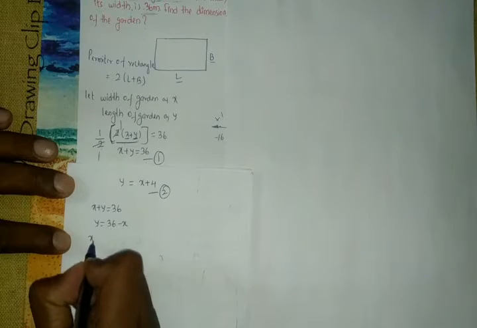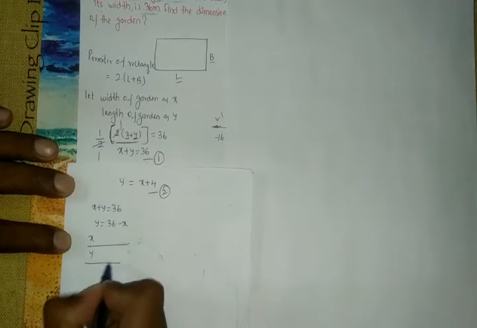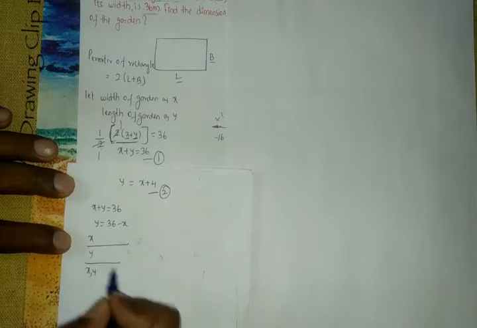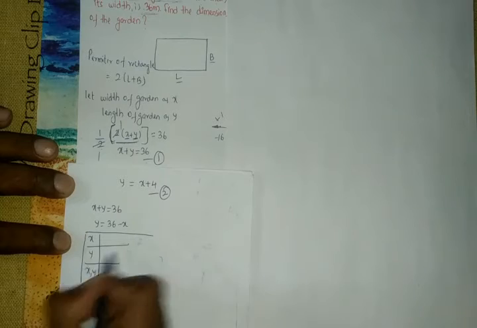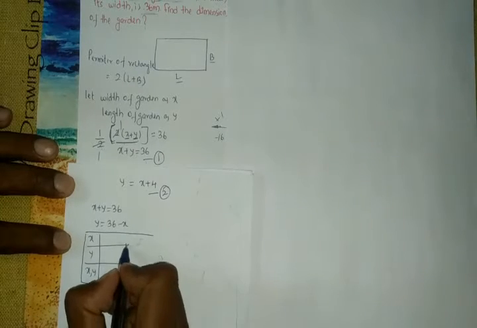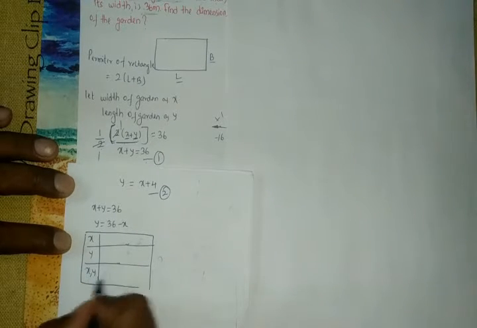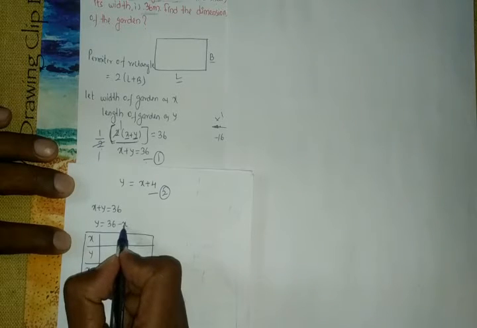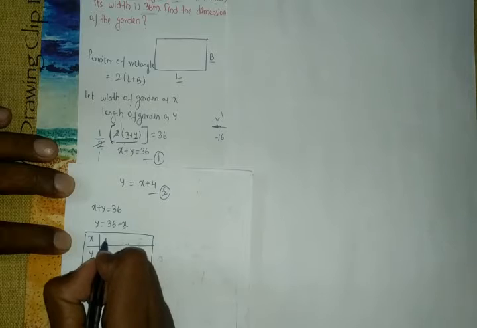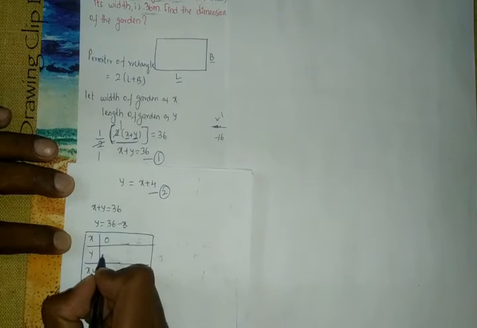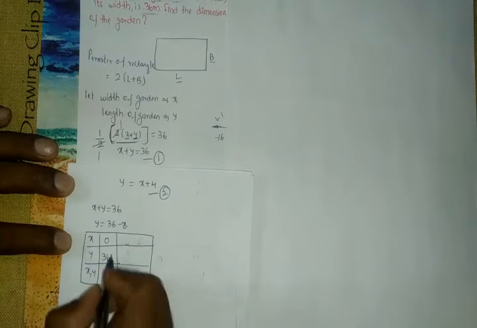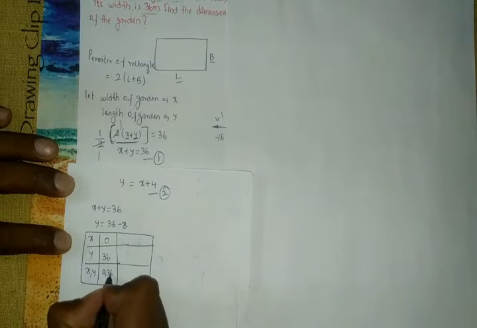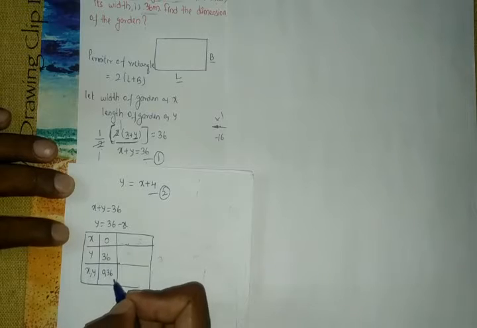So I will write x comma y. Let me choose the value of x directly as 0. When I take x as 0, my y value will be 36. So it is 0 comma 36.